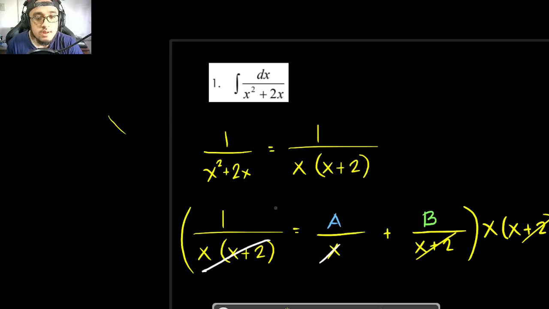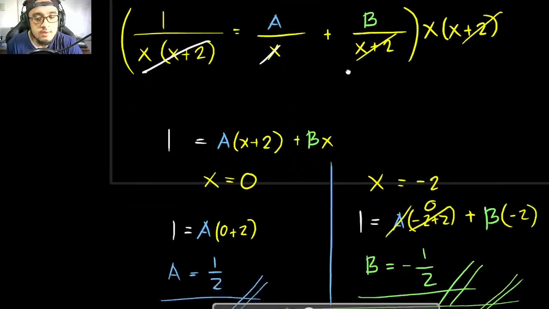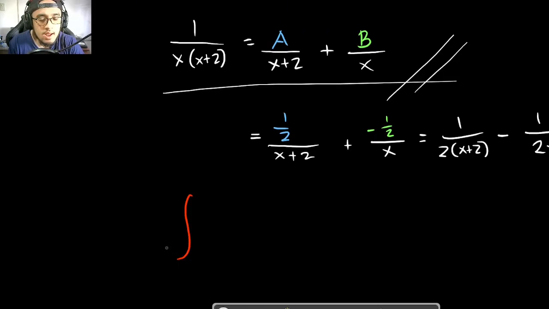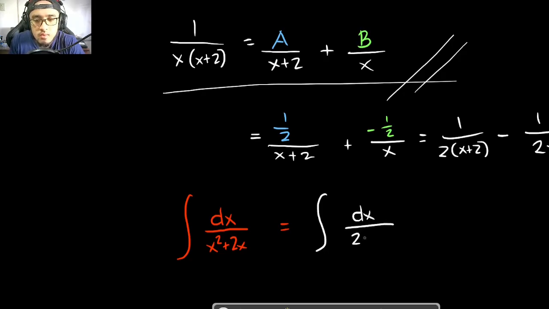And since that is the case, the integral of dx divided by x squared plus 2x can be rewritten as the integral of dx divided by 2 times x plus 2, minus dx divided by 2x.